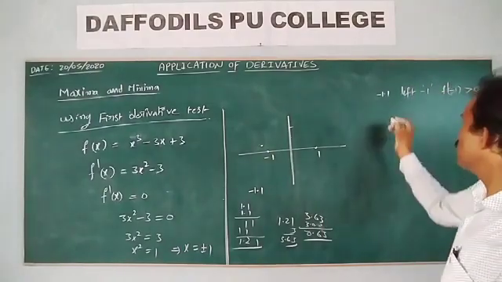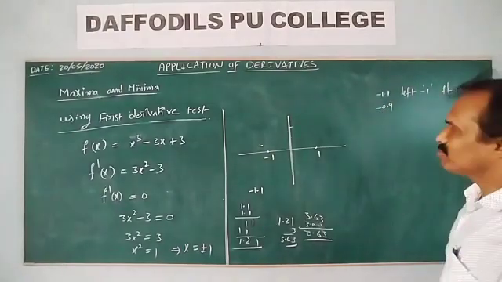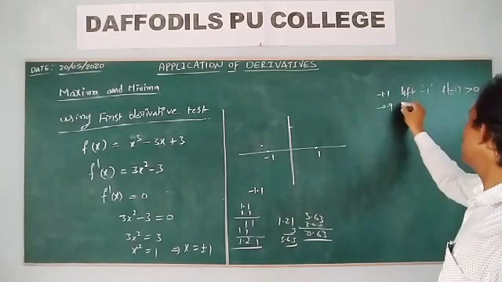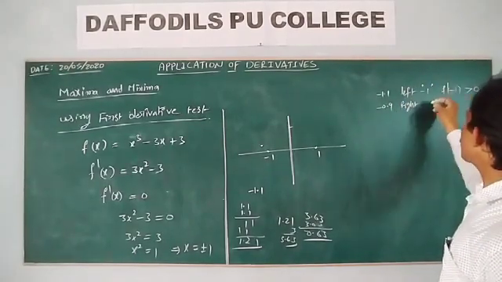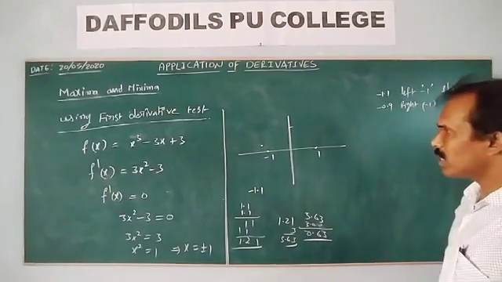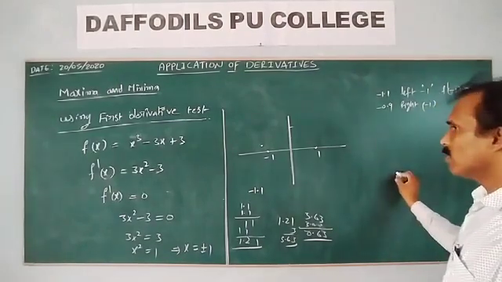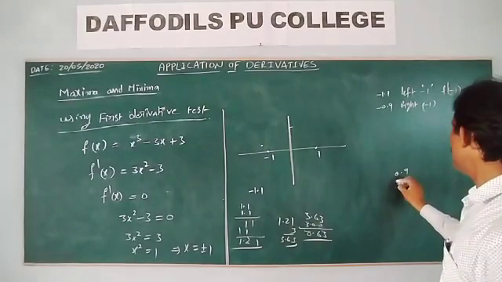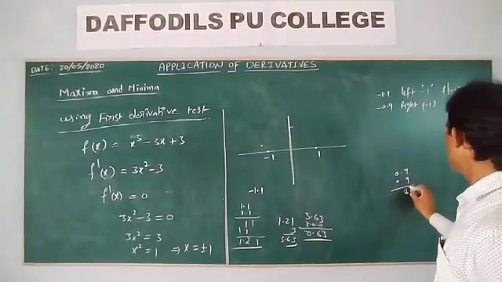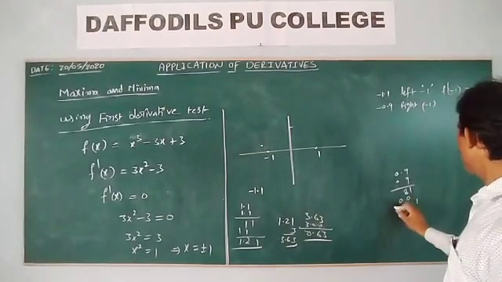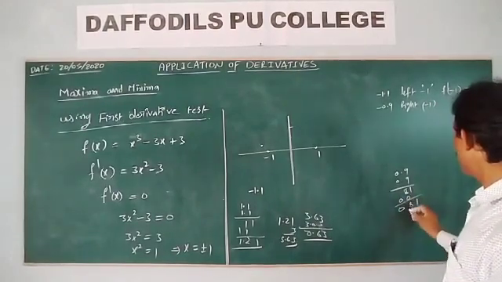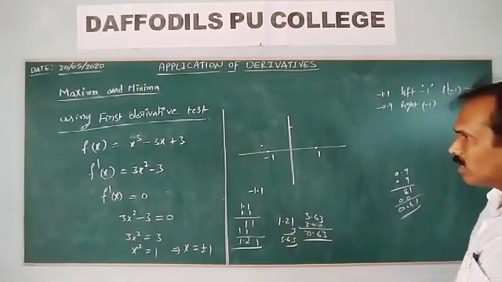Right of minus 1 means minus 0.9. You see what happened? 0.9 into 0.9, 9 nines 81, so this is 0.81.